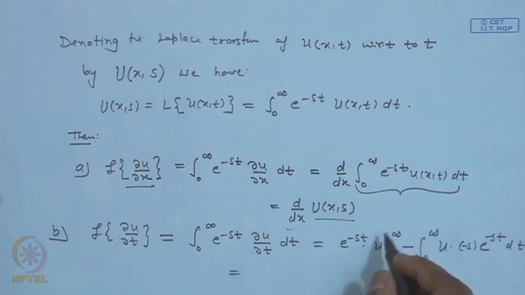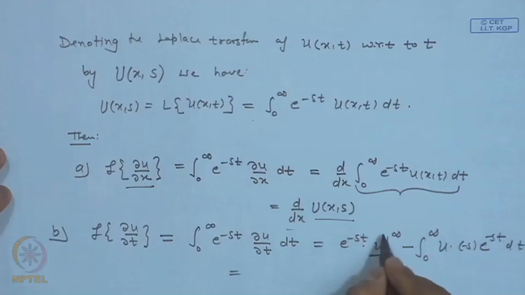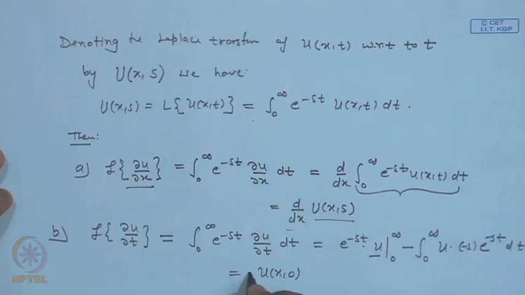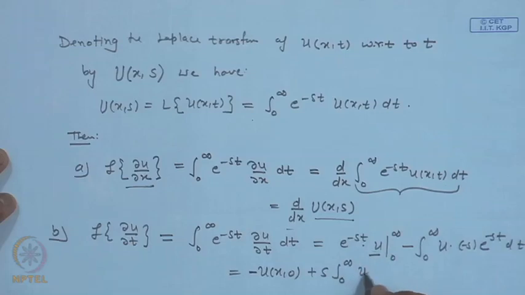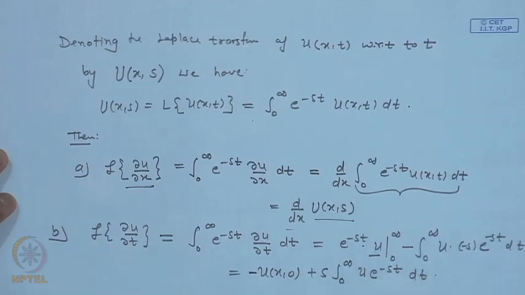If we assume that u is of exponential order, then this will go to 0 as t approaches infinity, and then we have minus the value as t goes to 0. So, we have minus u(x,0), and then plus s times the integral from 0 to infinity of u e^(-st) dt, and this is the Laplace transform of u.